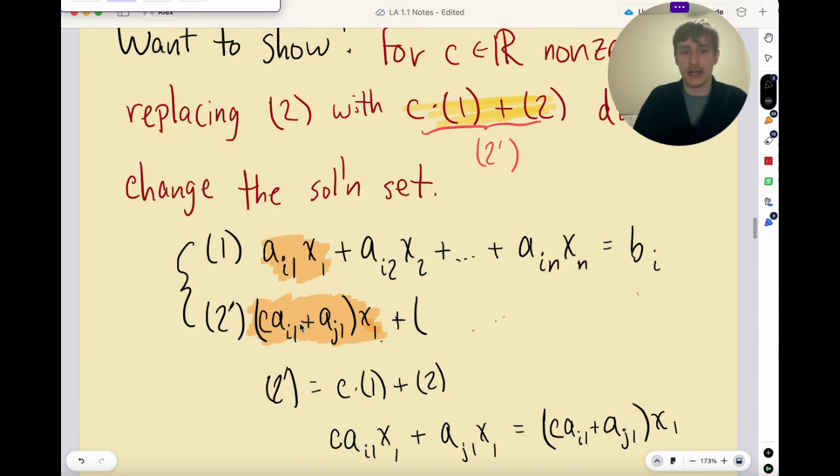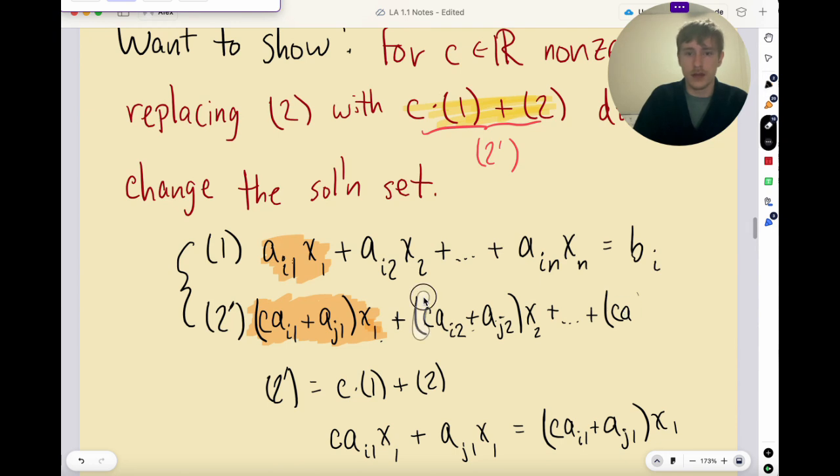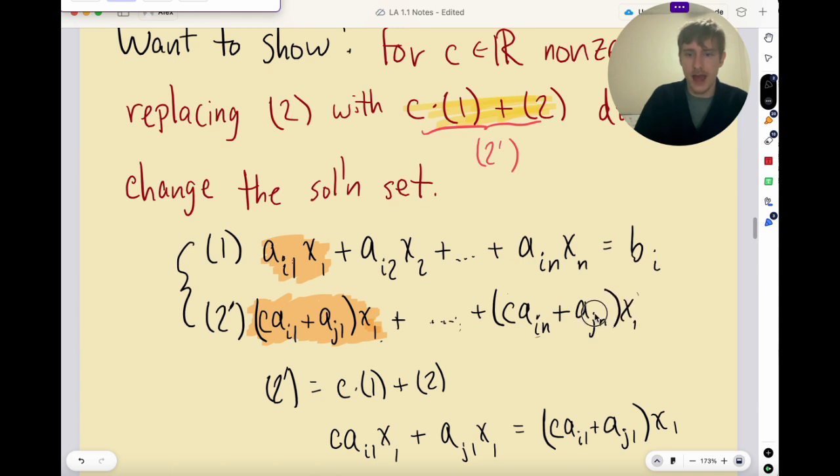It's going to be, say it in words, a scalar multiple of equation 1 added to equation 2, plus yada, yada, yada, plus, running out of room here, plus (c ain plus ajn) xn, and that will equal not bi, but c times bi added to bj.